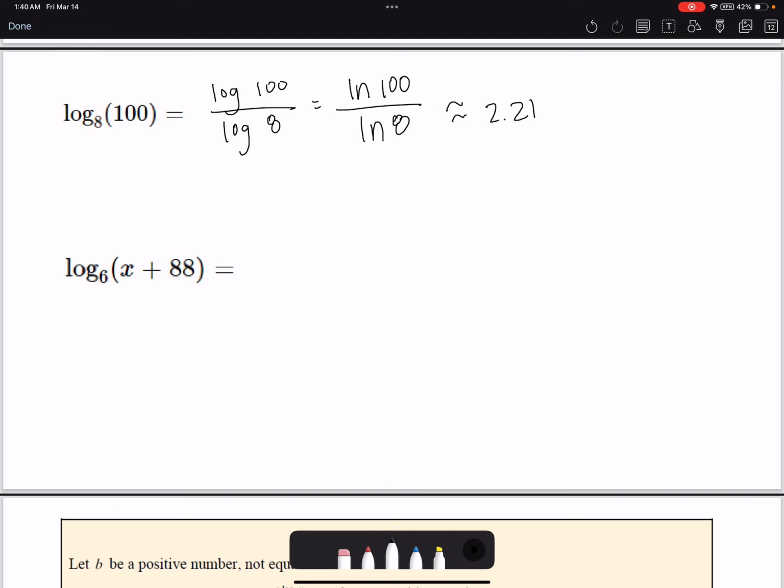And this one, we would rewrite as log of x plus 88 over log of 6. That's how you would rewrite it.